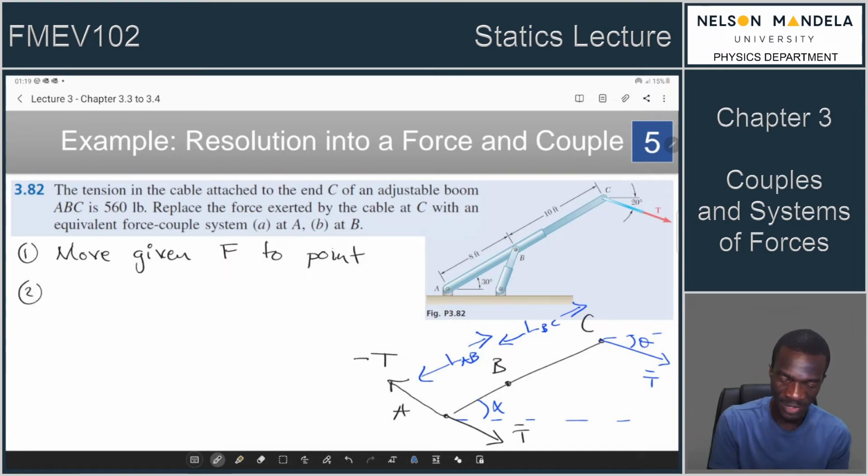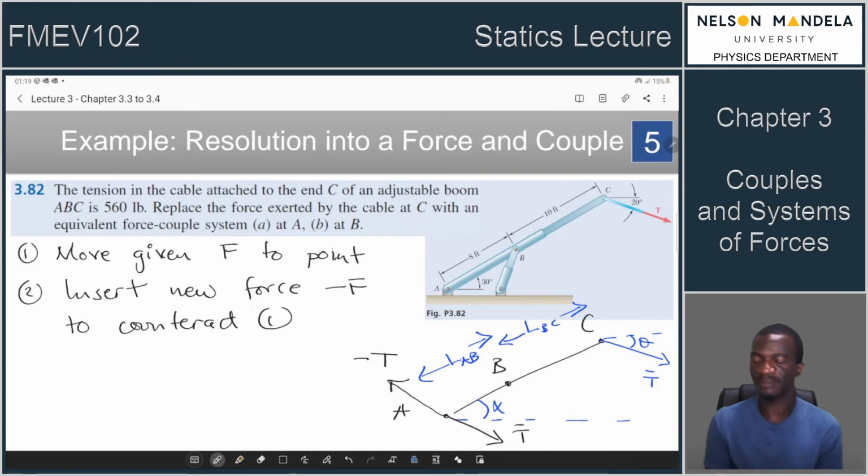So number two, we have inserted a new force minus T to counteract part one. That way the system remains as it were. We now have a force at the desired point A, and we have a couple that is created by T and minus T.